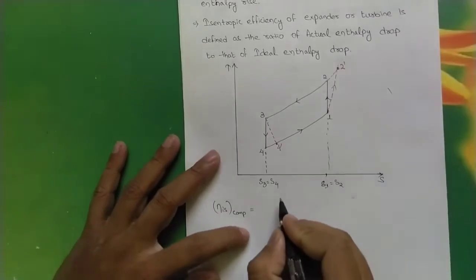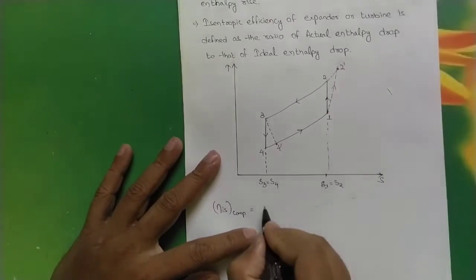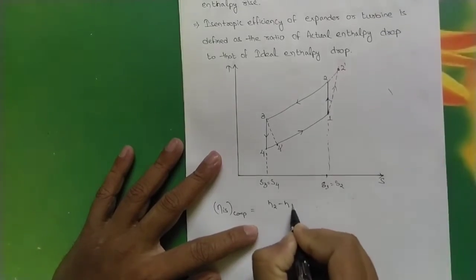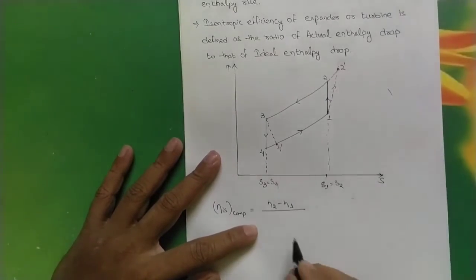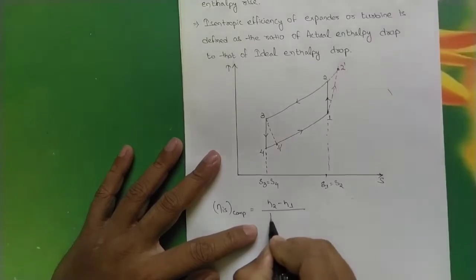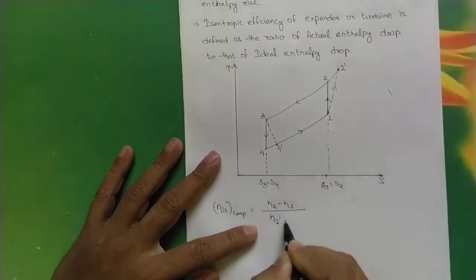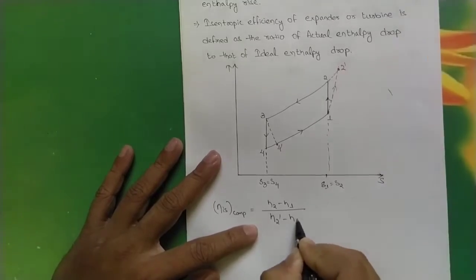So ideal enthalpy rise to that of the actual enthalpy rise is given as H2 minus H1, this is the ideal enthalpy rise, divided by H2 dash minus H1.